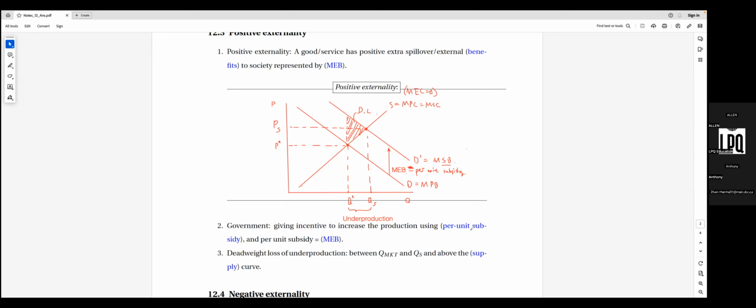So a lump sum has no effect on MB and MC. If the government imposes a lump sum subsidy, it really cannot change the quantity traded in this market. So it must be per unit based. Very important here.